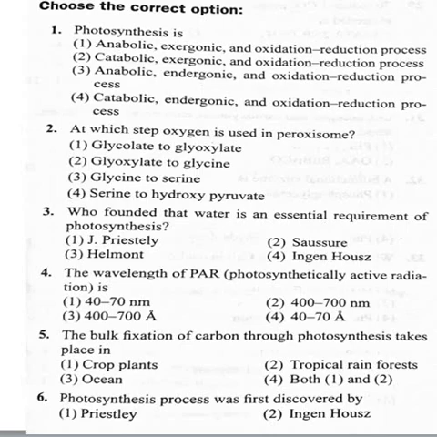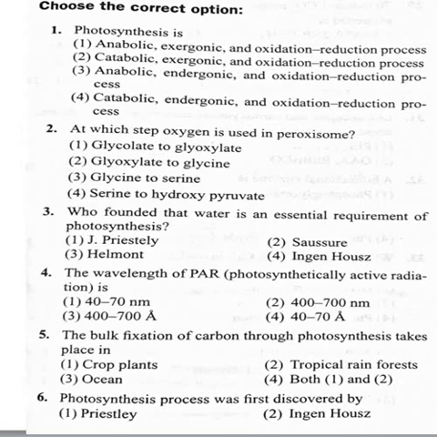So it is the endergonic reaction because energy is absorbed here, and it is anabolic because simple molecule is converted into complex molecule. So glucose is the complex molecule which is synthesized from the simple carbon dioxide. So photosynthesis is anabolic, endergonic and oxidation reduction process is the right answer.